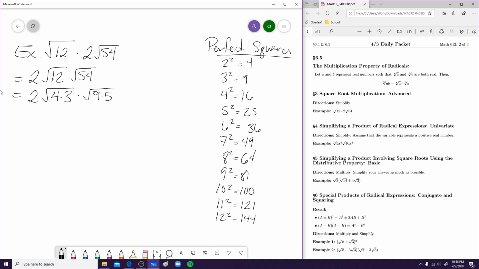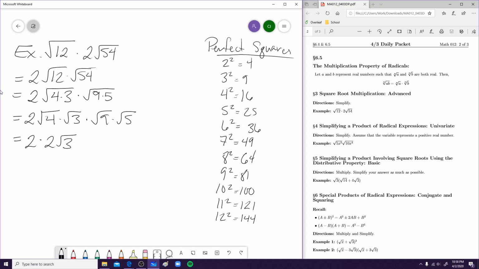Right? So let's solve. This is 2 times the square root of 4 times the square root of 3 times the square root of 9 times the square root of 5. So I use the multiplication property for this radical and this radical. And then what is the square root of 4? What squared equals 4? That is 2.